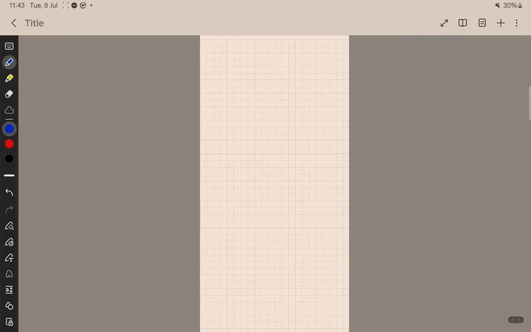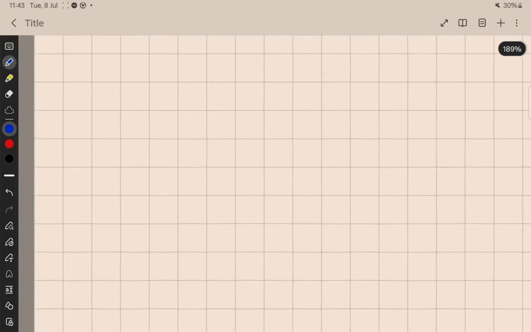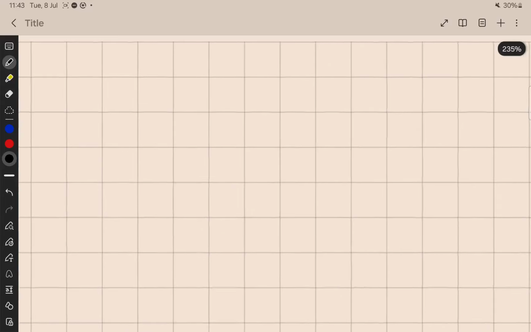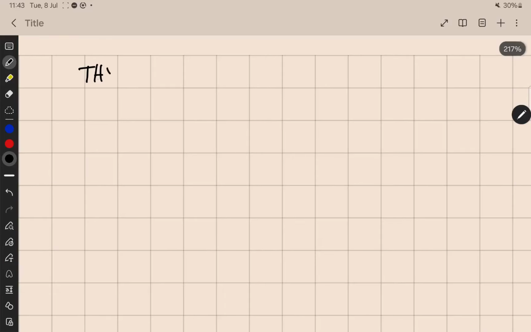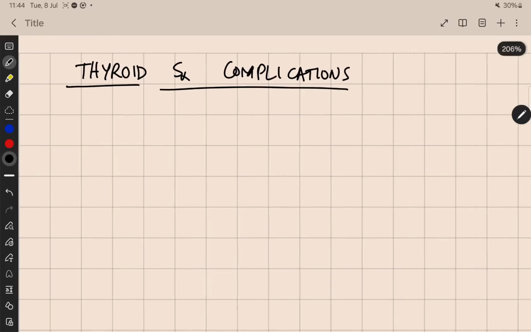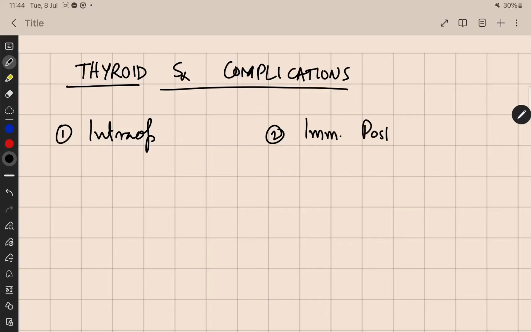So every incision and every surgery comes with a complication. Thyroid is no less and it is no different. So what are the complications of thyroid surgeries? We can divide them into intraoperative, immediate post-operative and late.